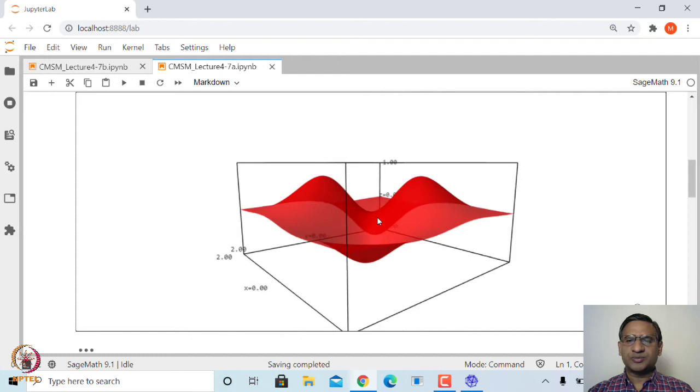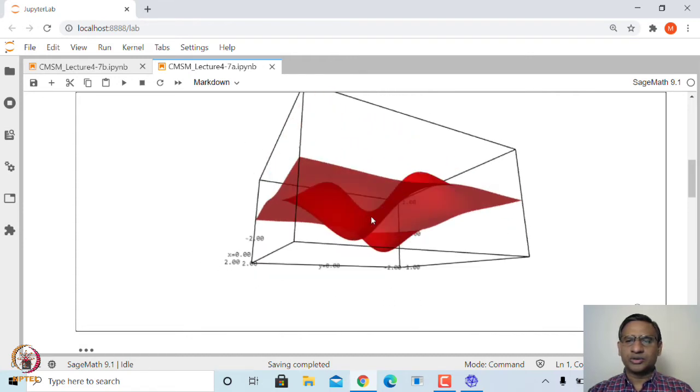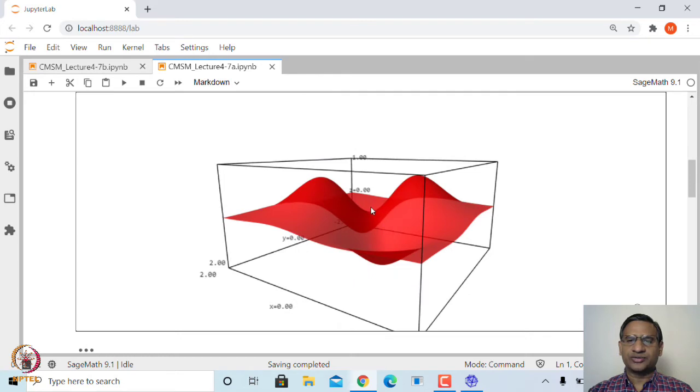Similarly, if you look at this particular point down below, this is the only point in this case. At this point also if you try to draw the tangent plane, it will be parallel to the xy plane. So, again at this point the gradient will be 0.